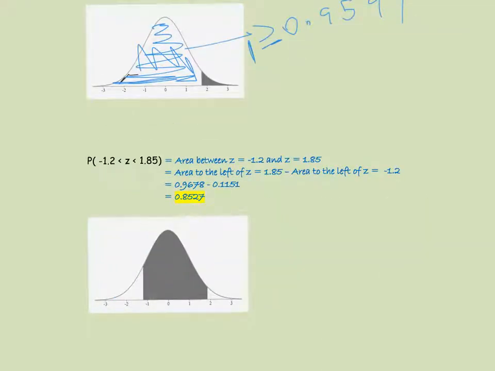Now suppose we want to find the area between z equals negative 1.2 and z equals 1.85, because we want to find the probability that z lies between negative 1.2 and positive 1.85. Negative 1.2 less than z less than 1.85 just means that z lies between negative 1.2 and positive 1.85.